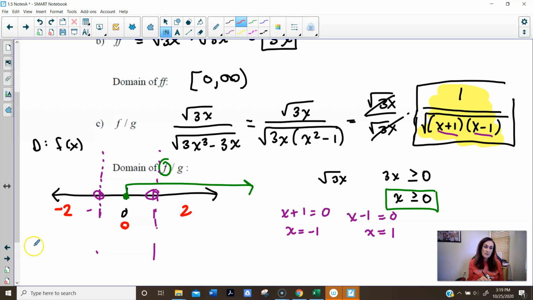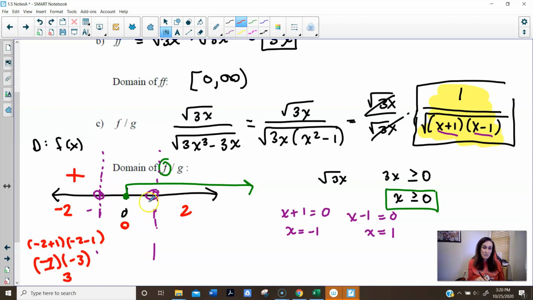So let's start with -2. I would have -2 plus 1 times -2 subtract 1. And -2 plus 1 is -1 times -3, and two negatives give me a positive. So all of the numbers to the left in that number line are going to be positive.